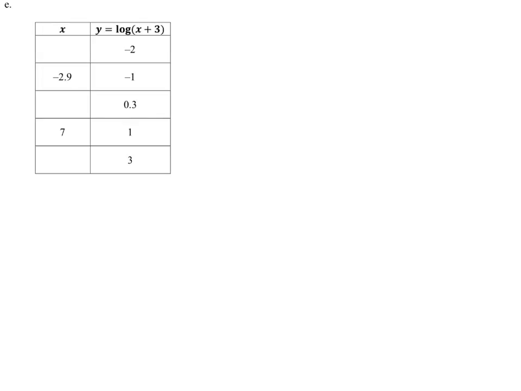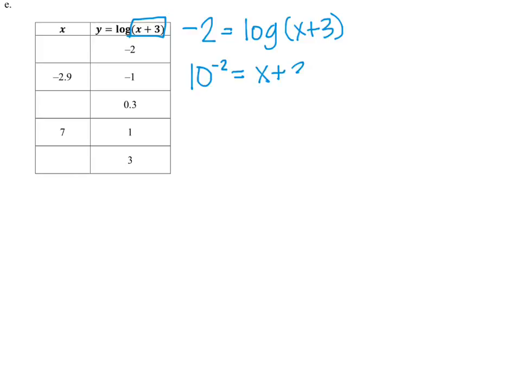Table C is similar, except for I have this x plus 3 inside of the log. So if I start with the first entry on the table, I can say -2 is equal to log of x plus 3. The only thing I have on the right side of the equation is the log, so I can go ahead and put this in exponential form. I can say 10 to the -2 is equal to x plus 3.